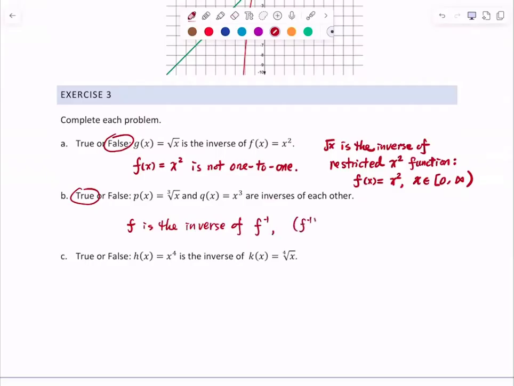So the inverse of f inverse is f. That's why when you get an inverse, it's a pair. They're inverses of what? Each other. So the inverse of f inverse is actually f.